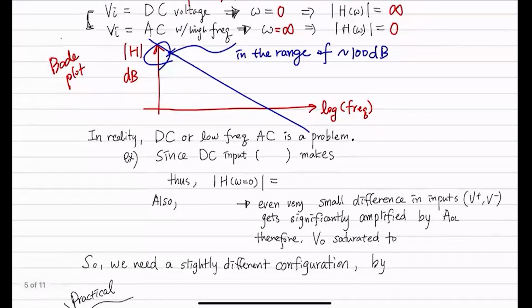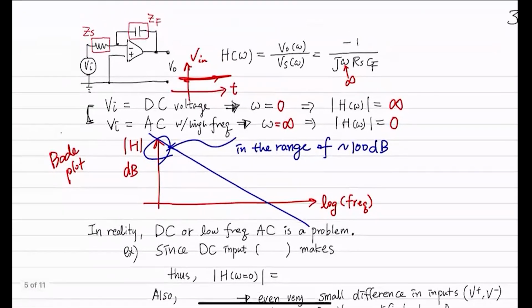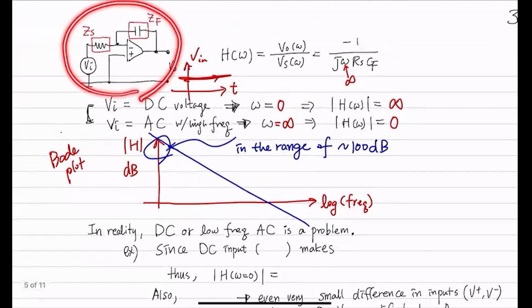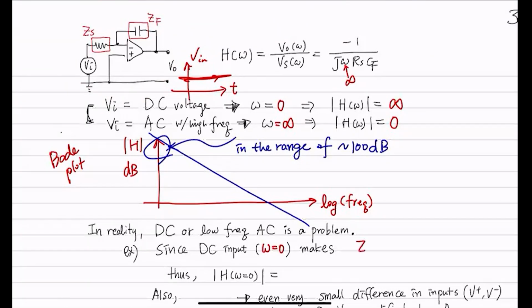But in reality, there's a problem with this. So DC or low frequency is a problem when you use this integrator circuit in real life. Since DC input, which has your frequency 0, makes Z_F, which is 1 over j omega C_F, become infinite.